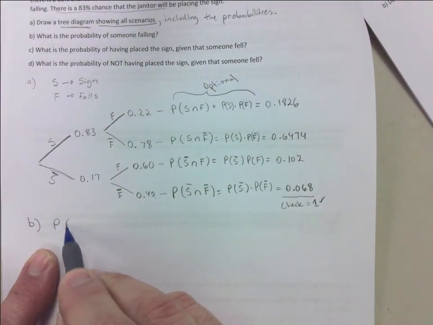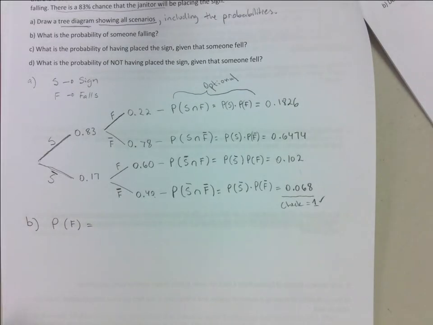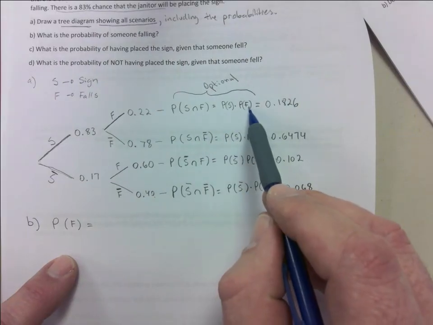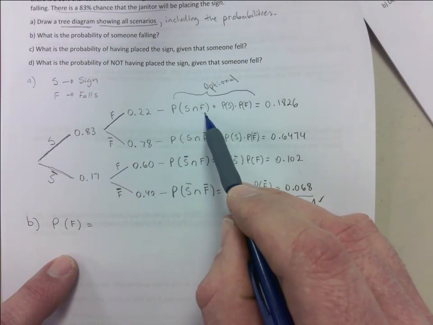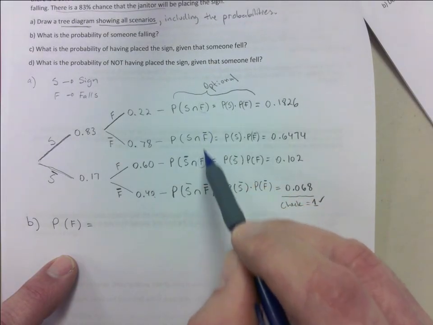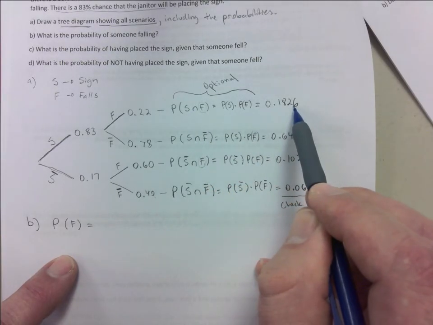So probability of someone falling. It's simply adding all the outcomes where you have an F, okay? Falling is right there, and falling is right here. So you have to consider this outcome or this outcome.